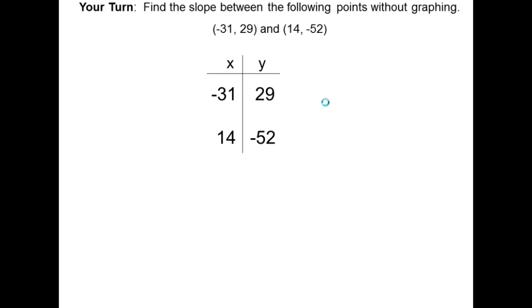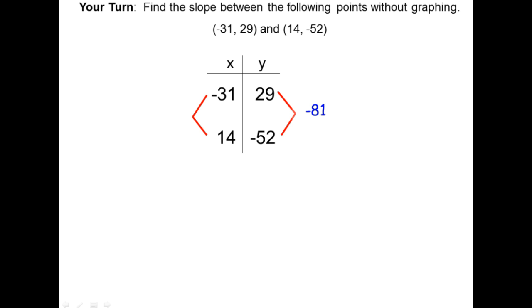Go ahead and do this one, pause, come back and get the answer. Again we are not graphing. So here's the answer to this. Again we find the difference in the y's. In this case it's negative 81.